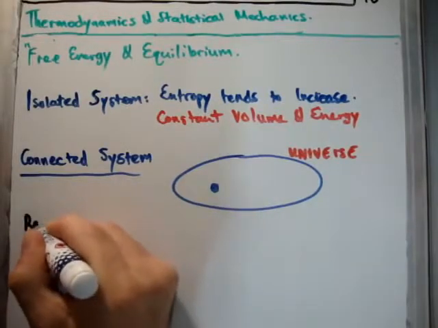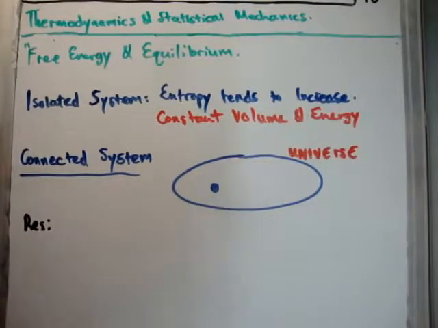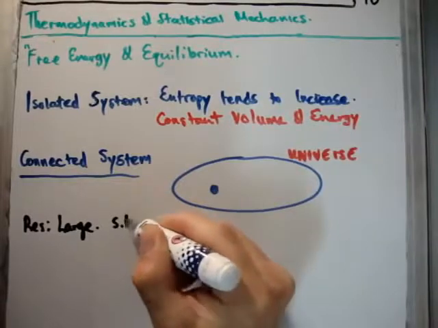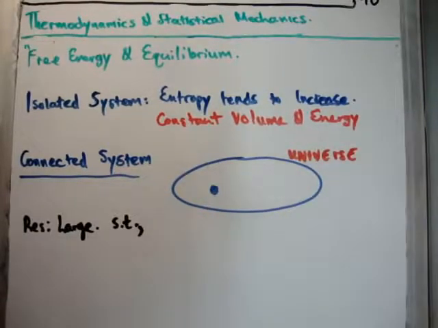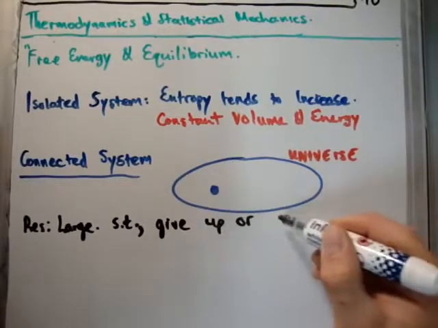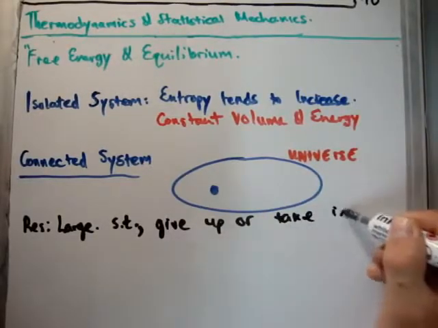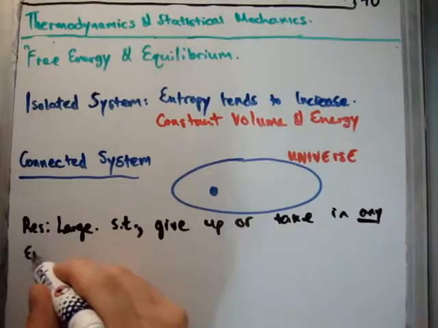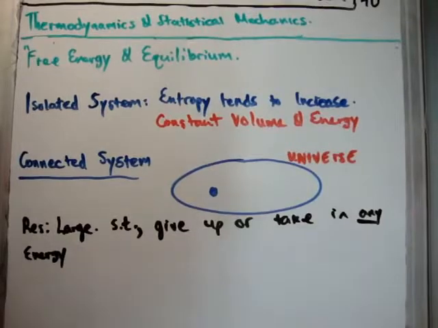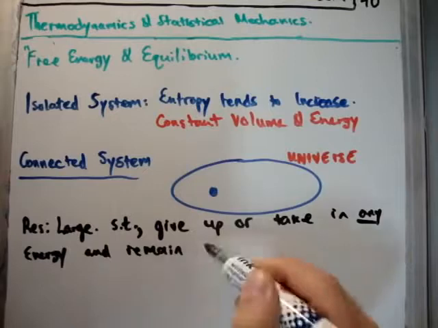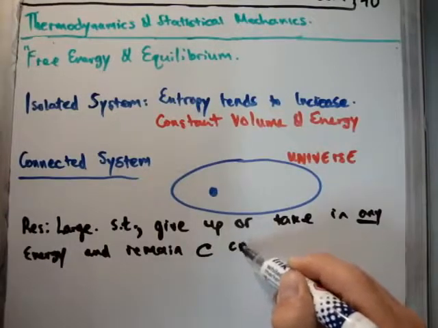But what do we mean by a reservoir? What we define as a reservoir in this case is something which is large, such that it can give up or take in any amount of energy, an unlimited amount, and remain at constant temperature.